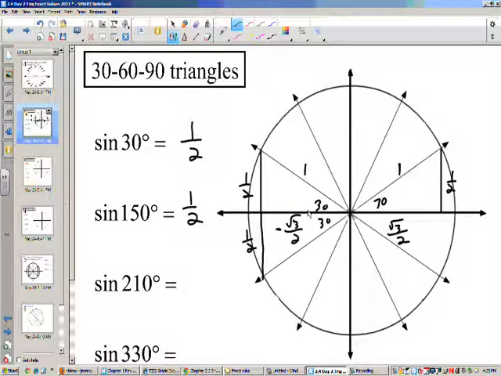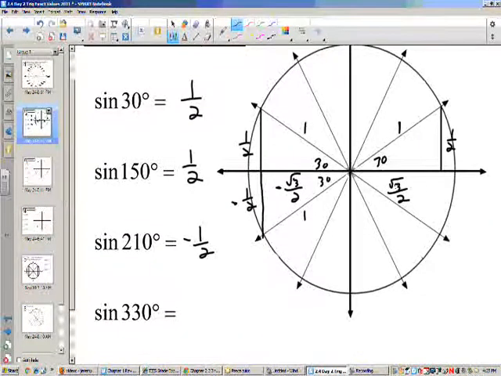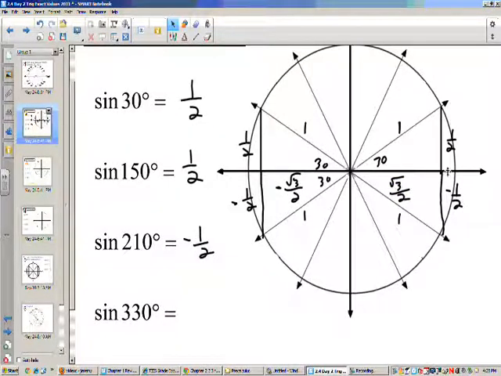And now this is going to be a negative 1/2 over 1. And the sine of 330, that's all the way over here. Now that's also going to be negative 1/2 over 1. Remember this root 3 over 2 was for this segment here. So now it's negative 1/2 over 1, which is again negative 1/2.